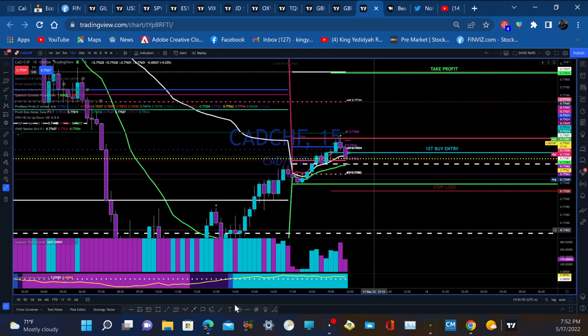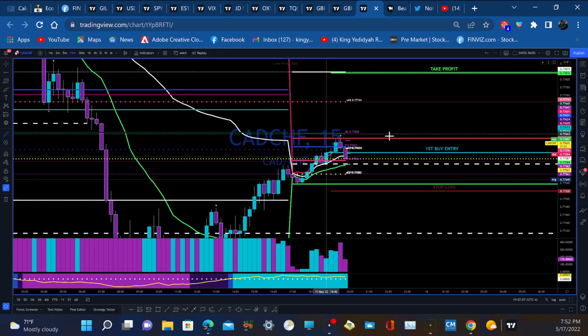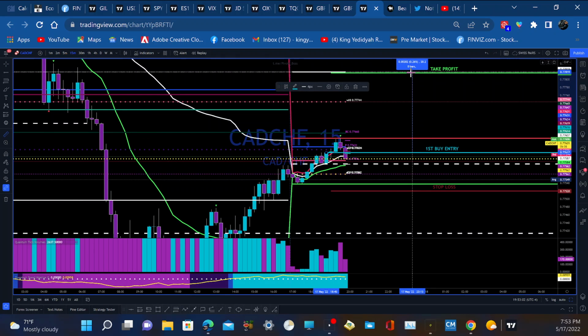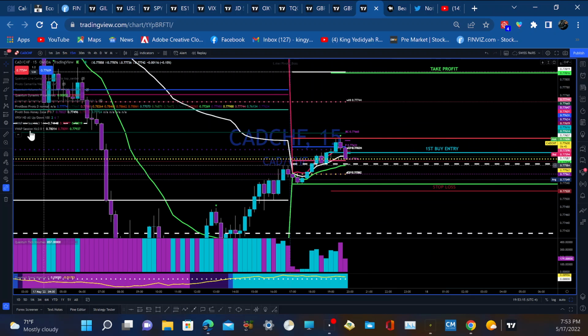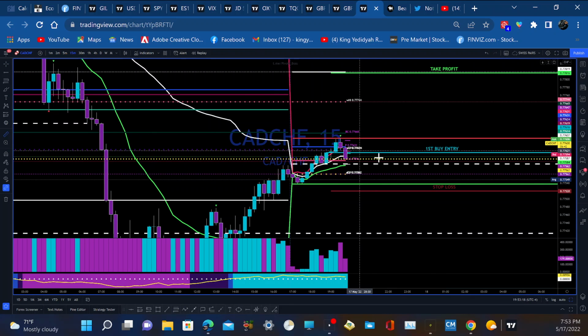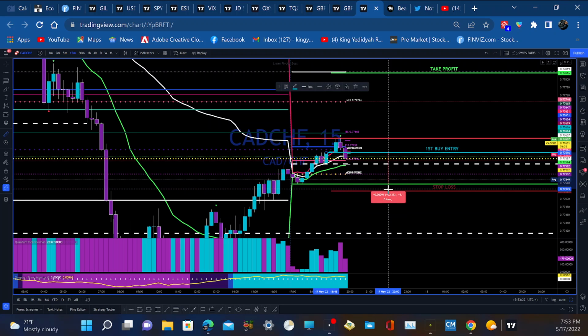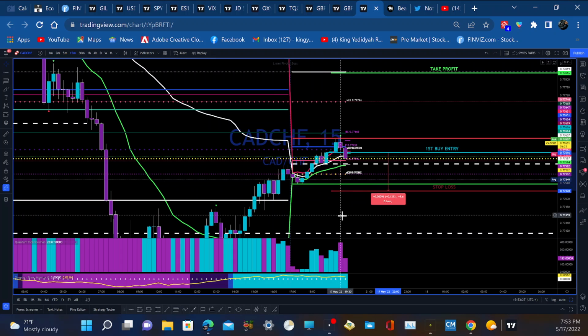And what's my target here? I think it's 20 pips or something like that. Yeah, it's about 20 pips, 19.9 pips, and the stop loss is about 10 pips, 9.6 pips for the stop loss.